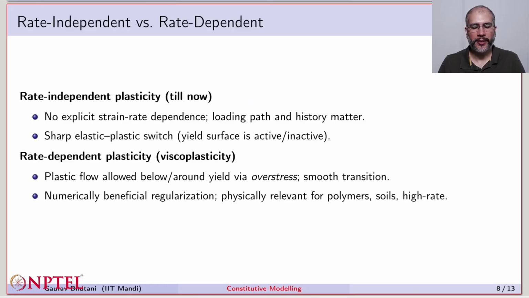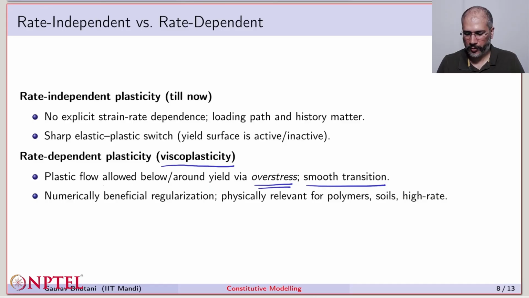But realistically, and particularly for some materials which follow the viscoplasticity regime, there is a smooth transition between elastic region and plastic region. So the yield surface is hazy, so to say, and plastic flow is controlled through an overstress. So earlier we said that we cannot cross the yield surface.